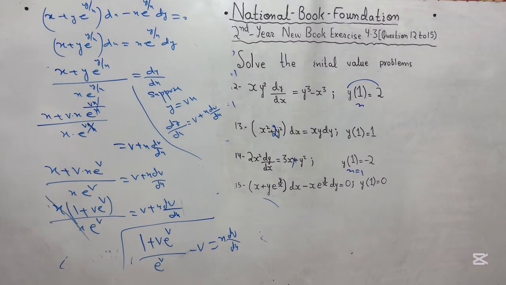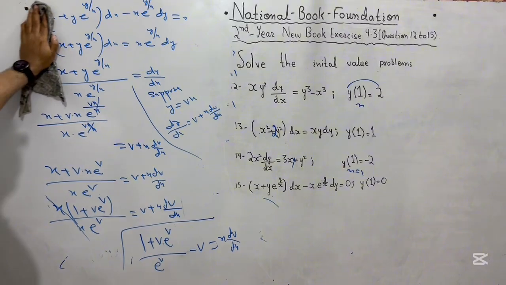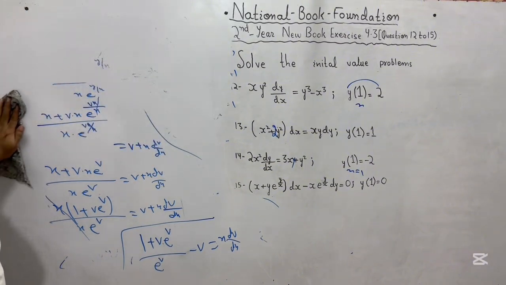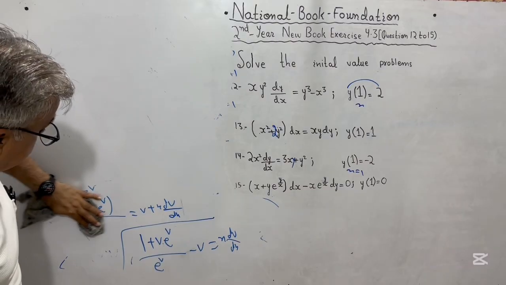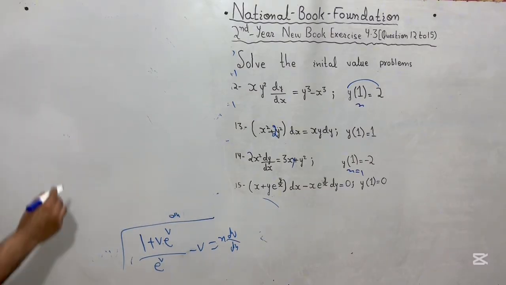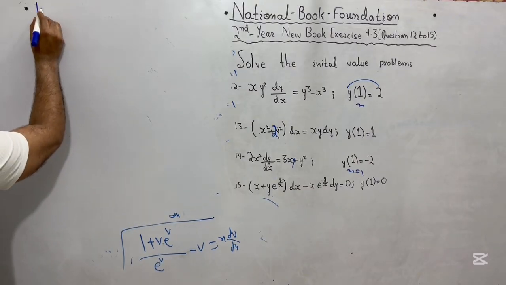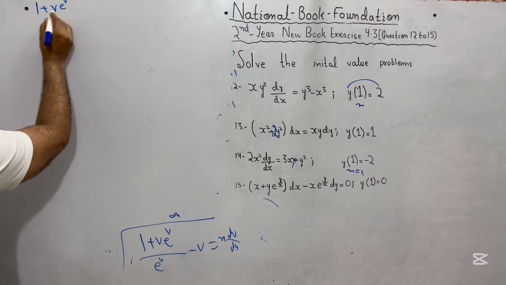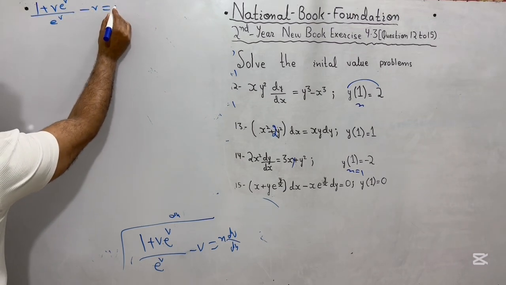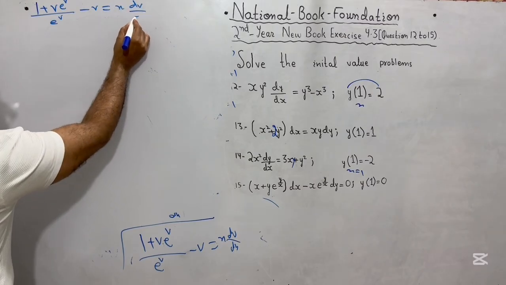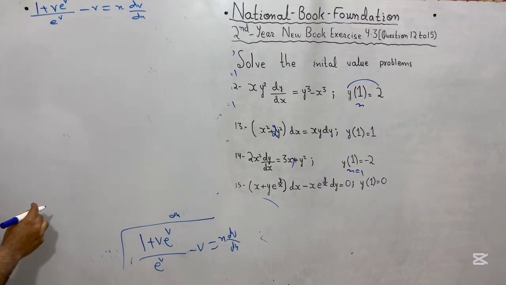Let me manage my writing. It is going to be a snail crawling. We have 1 plus v times e raised v over e raised v minus v. I am writing this step again for you in order to improve my handwriting.